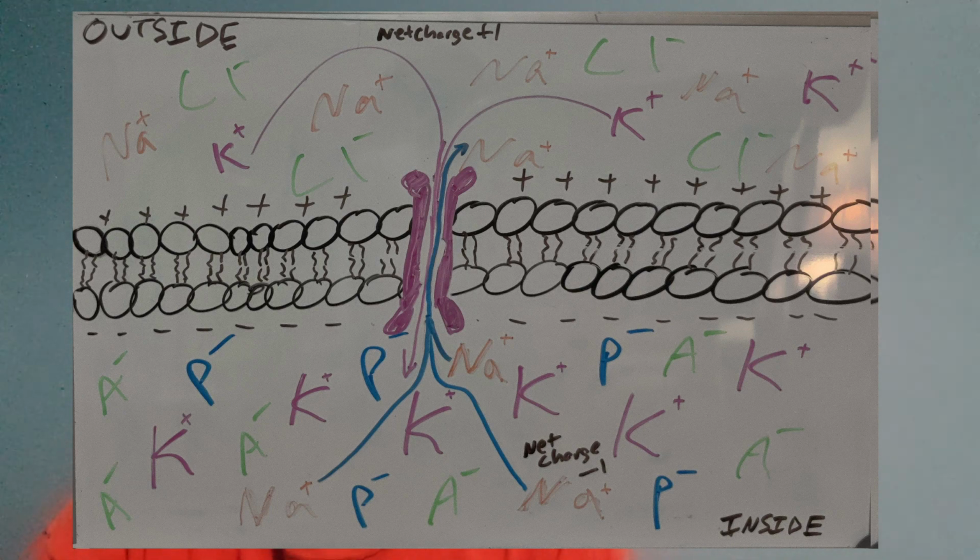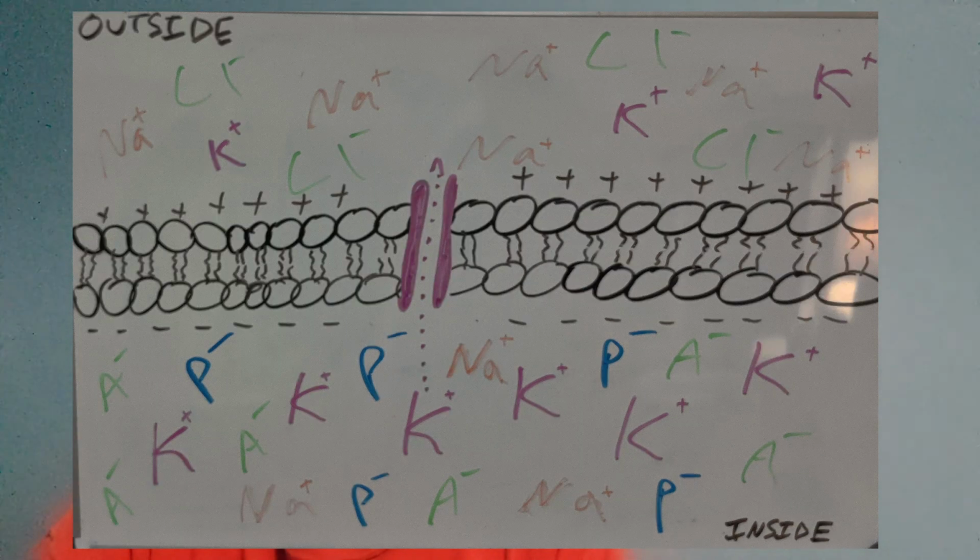Also, you have the potassium leak channels. Those potassium leak channels are going to allow the potassium to slowly leak out of the cell, going to a lower area of concentration. They are going to do that slowly because potassium is a positive ion.